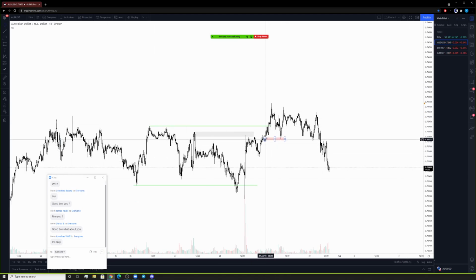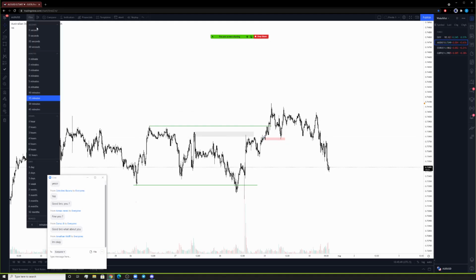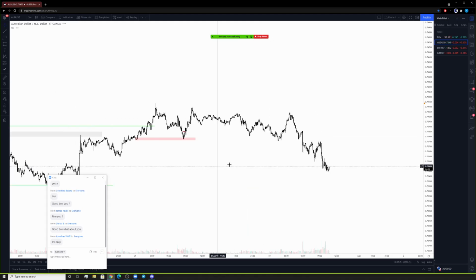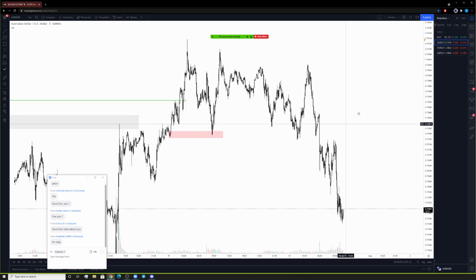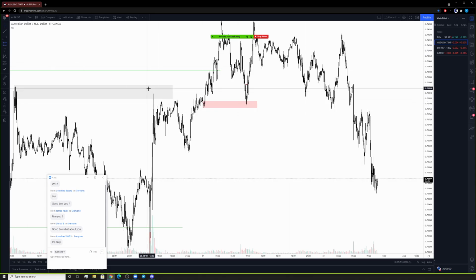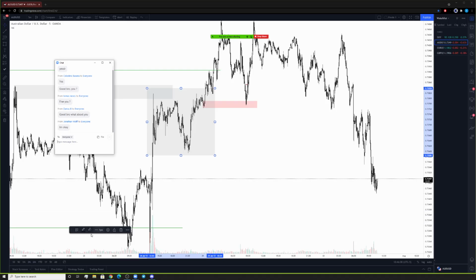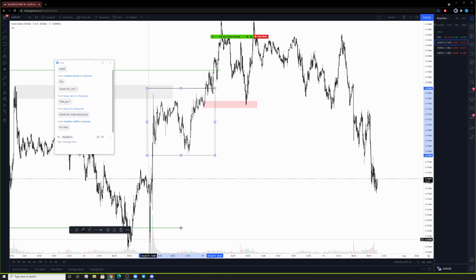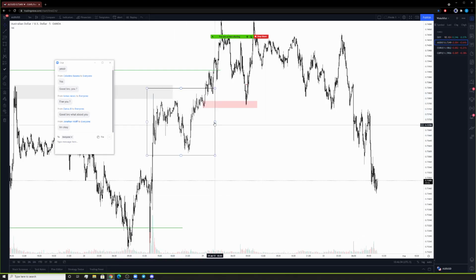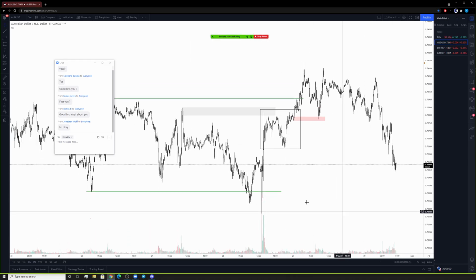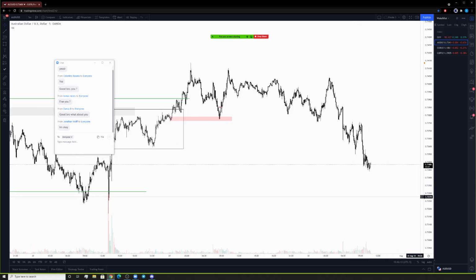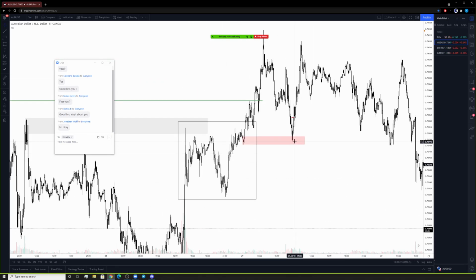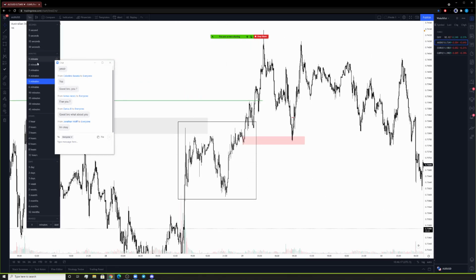As you can see, there's the M15 POI that I played off of, and I tried to play the continuation because this here is a turbulence point. That is a turbulence point. The turbulence point created this new high, which solidified the overall liquidity grab with the internal liquidity grab, to make that one. And so now I have the reaction based on the POI.